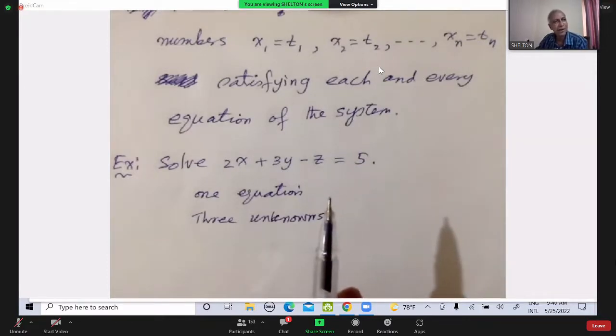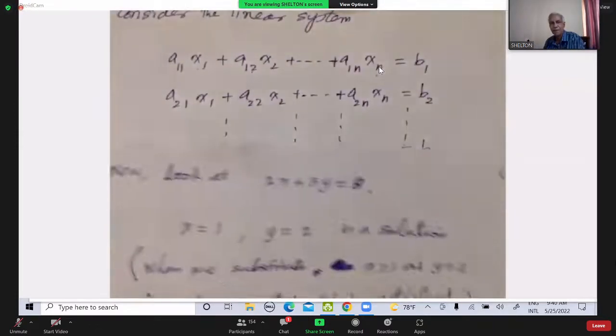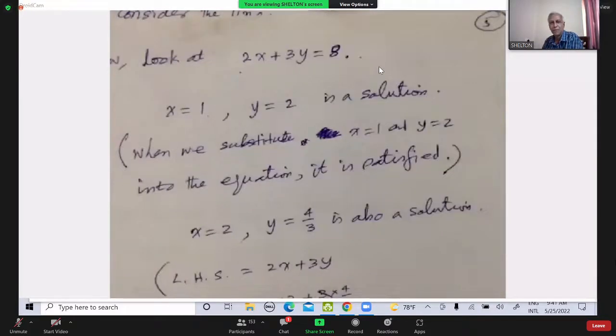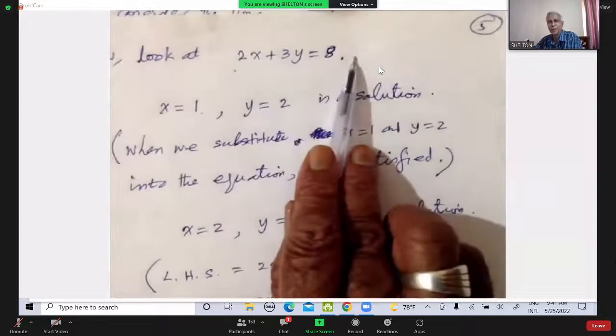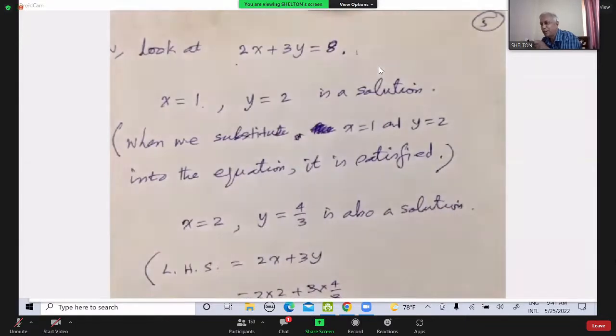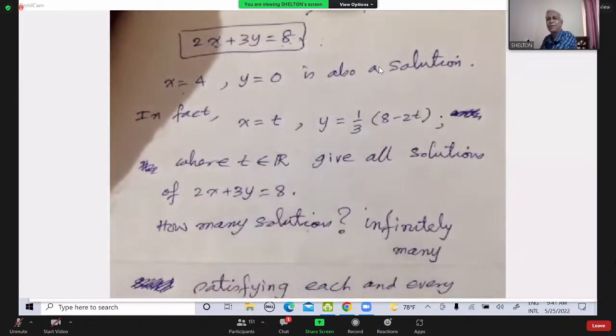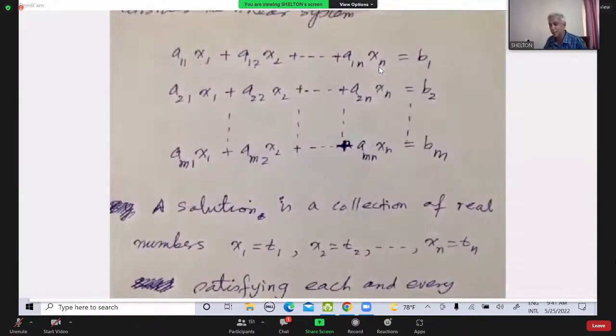So two of the variables must be free. It's like one equation in two unknowns: the equation puts only one condition on two things, so one gets free, gets to fly free. That is why we say let x be t, then y equals this, and for any t it is a solution: infinitely many solutions.